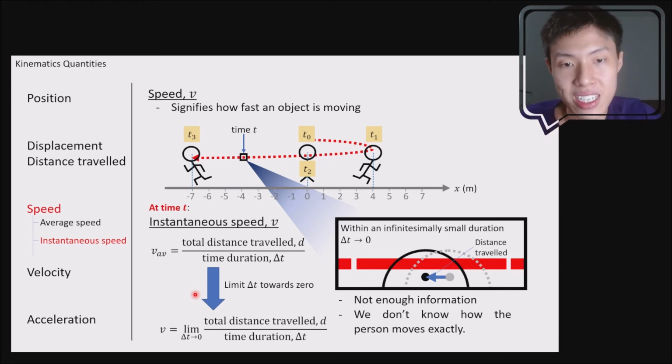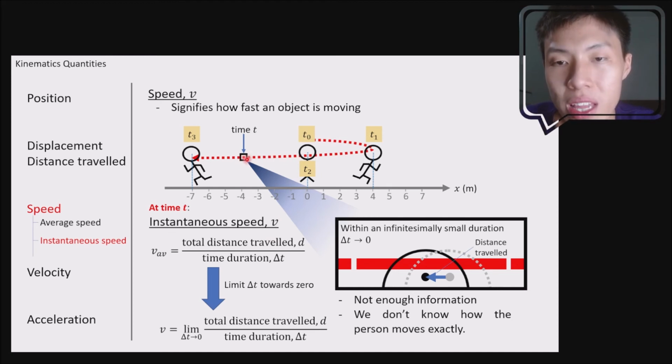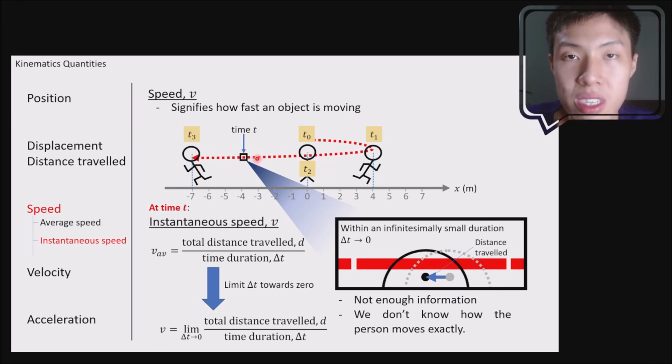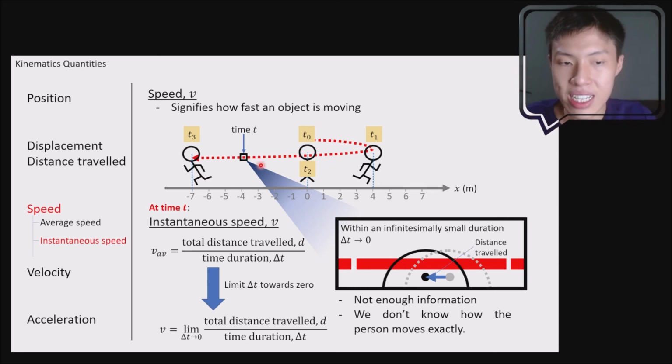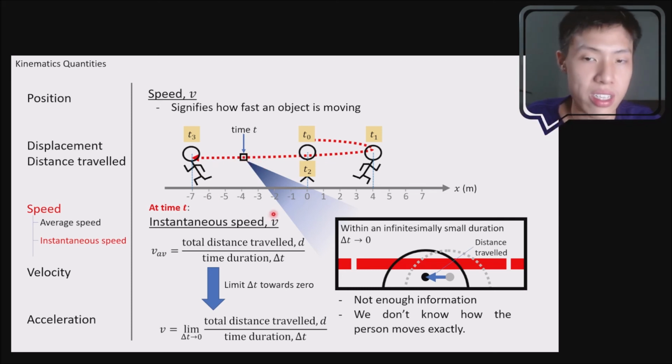But if you want to determine instantaneous speed, you have to know exactly how the object moves from here towards here towards here. You have to know exactly what happened at this moment, whether it's sprinting at this moment t, or jogging, or slowing down. You need to know how exactly it moved at this specific moment in order to obtain the instantaneous speed.